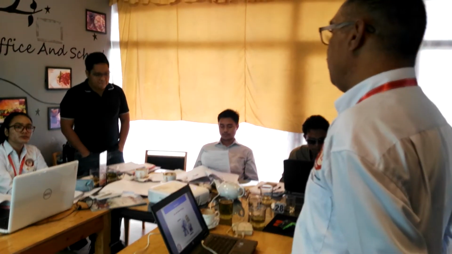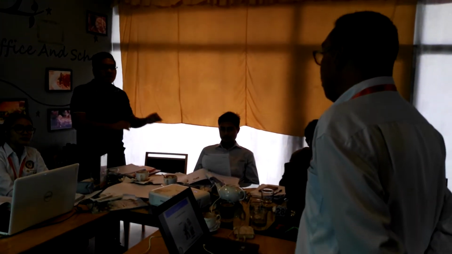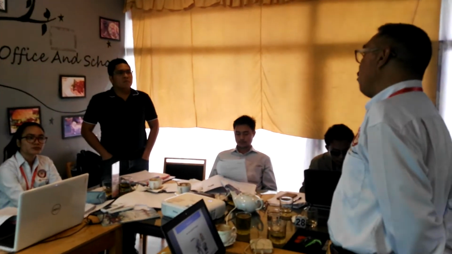So we have a lot of suppliers who are providing us the material. Some are providing us manpower, and some are providing us the equipment for hire. So we have the procedure for selection of each of the suppliers.